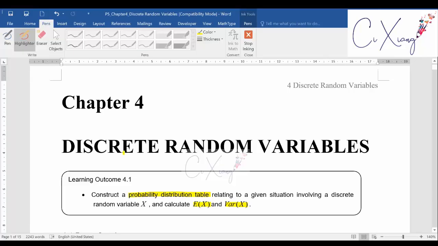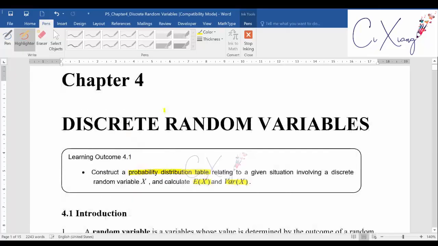You can see that chapter 2, permutation and combination, and chapter 3, probability, are both very important chapters to apply in this subtopic, the discrete random variable. So if you want to make sure that you don't face any problem here, go back and do some revision on the probability part first, and also the permutation and combination.